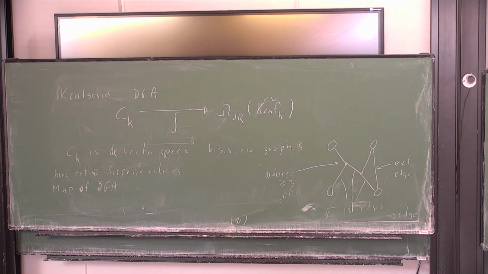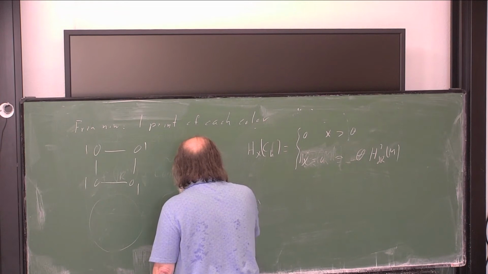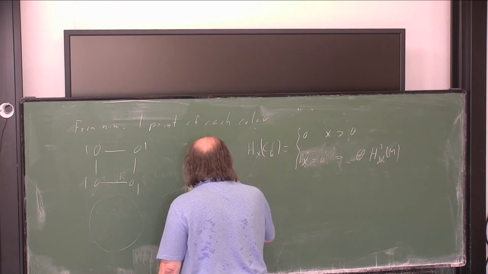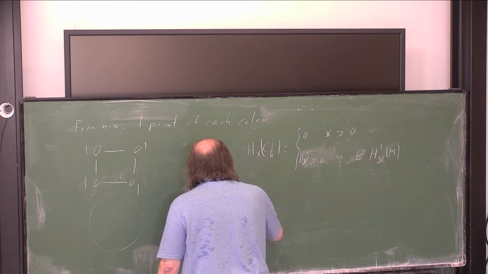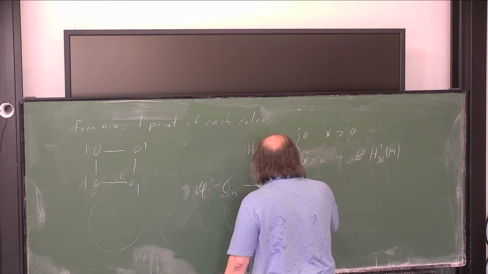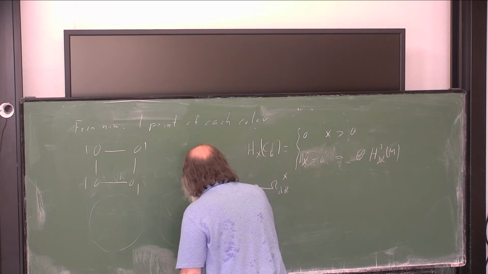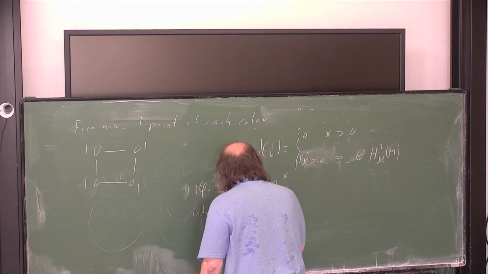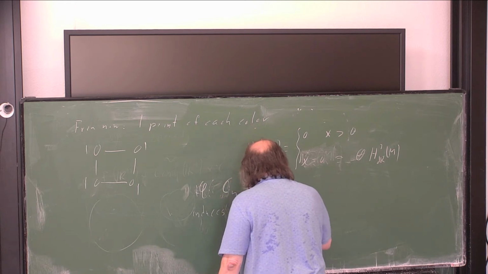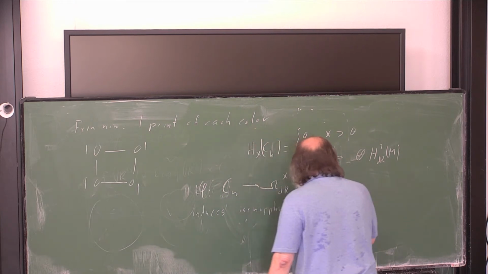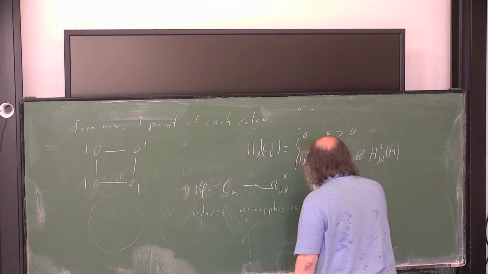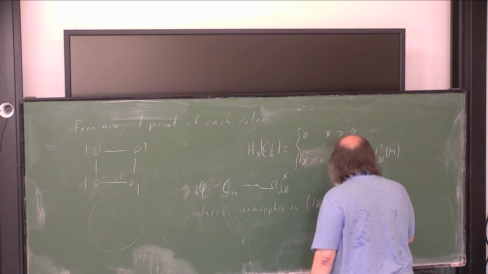So phi from C_n to H de Rham star induces an isomorphism on, let's say, real homology.